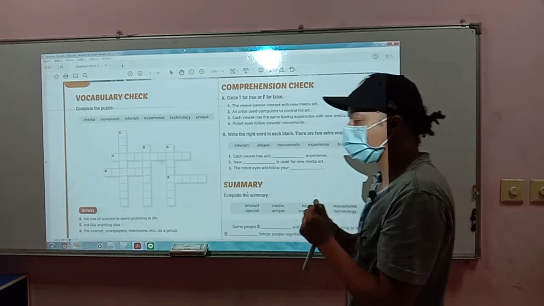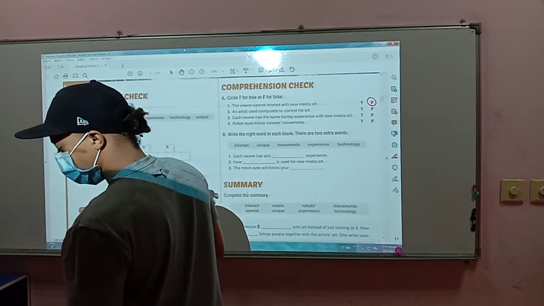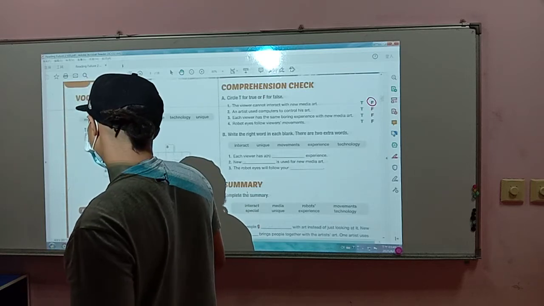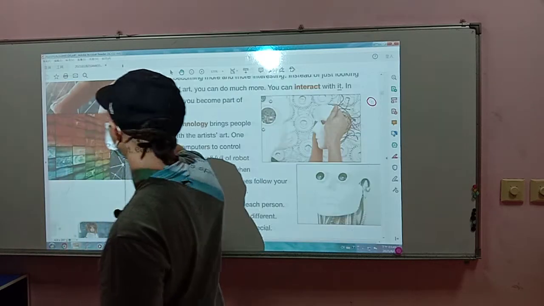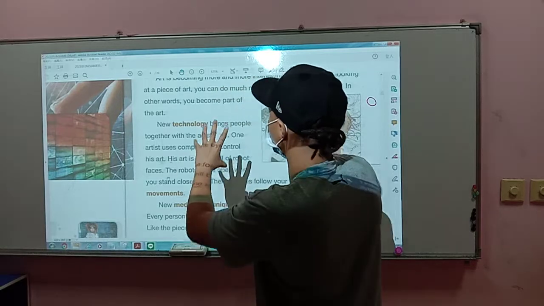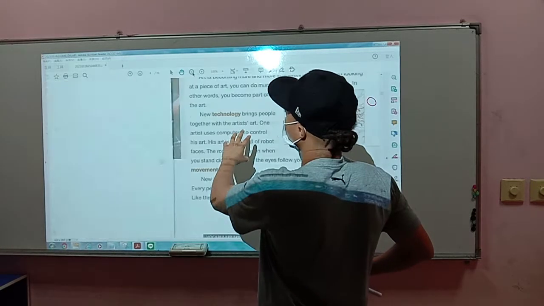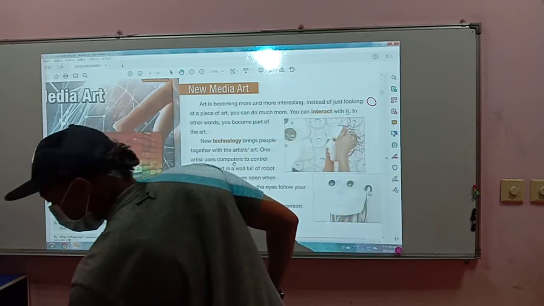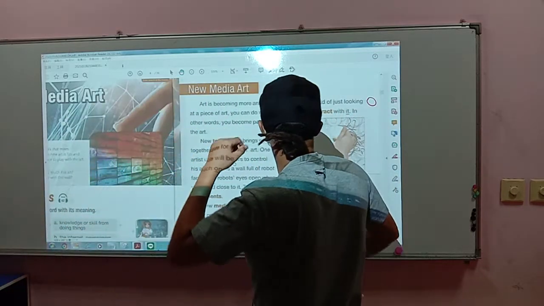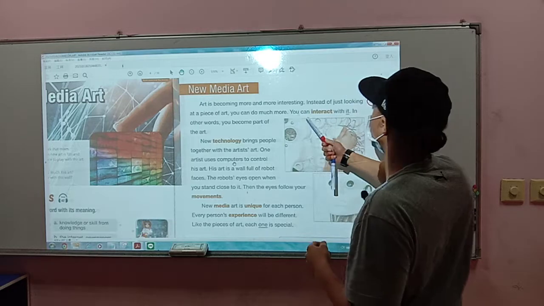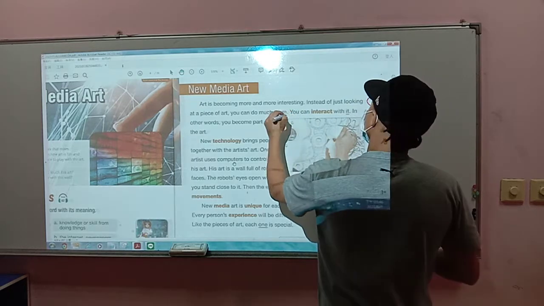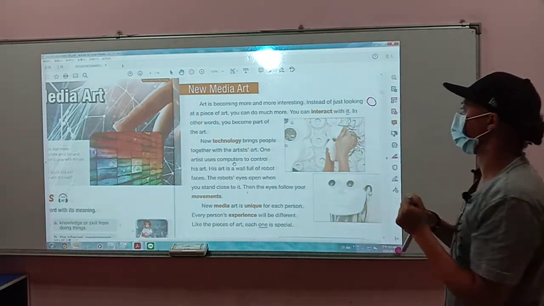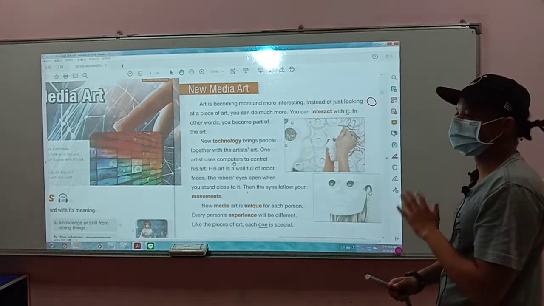Because in the first sentence in our book, it says, not the first sentence, but I'll show you. So, can you just zoom out, please? And then, okay, so the sentence is, the viewer cannot interact. So instead it says over here, you can, right? You can interact with it. So that one is not correct.